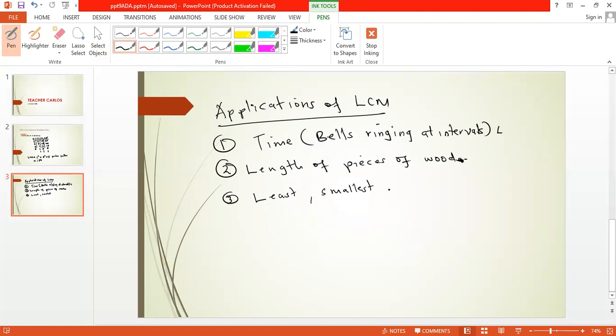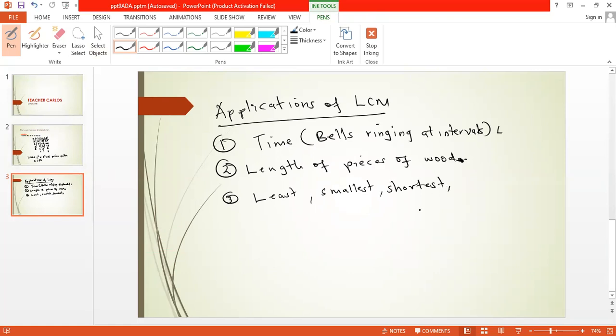At the end, they tell you to calculate the smallest, but you should ensure that you understand the question, because sometimes smallest may not mean LCM, but most commonly, smallest and least are common words used in LCM. Then we have another one, the shortest. Are we together?